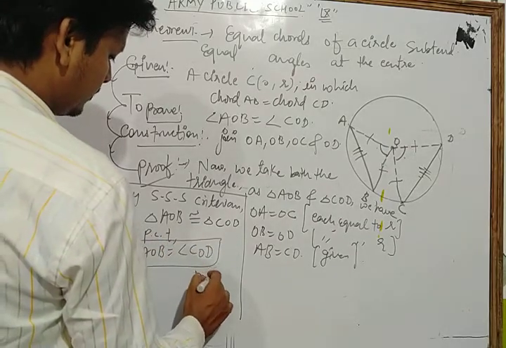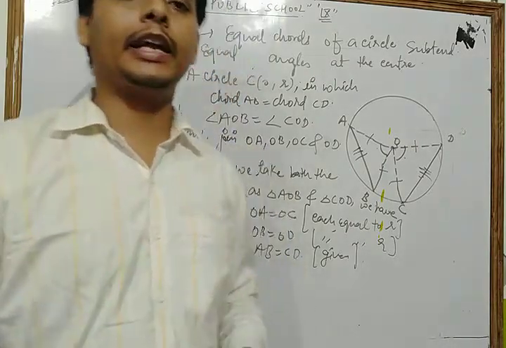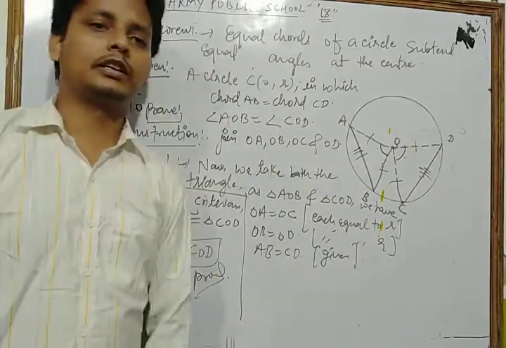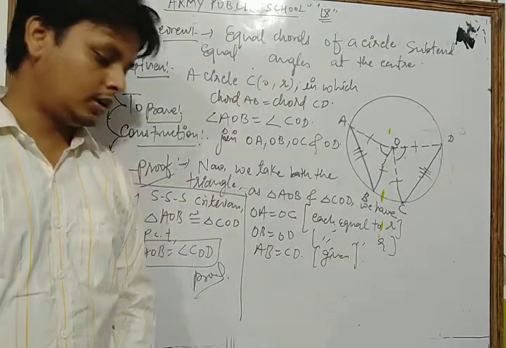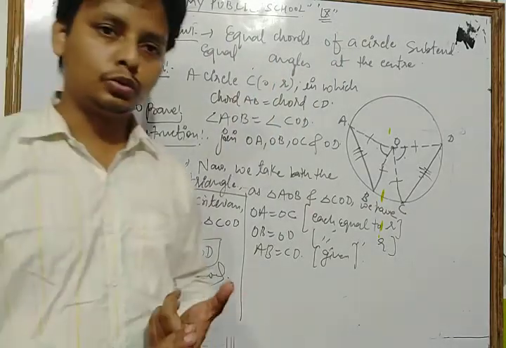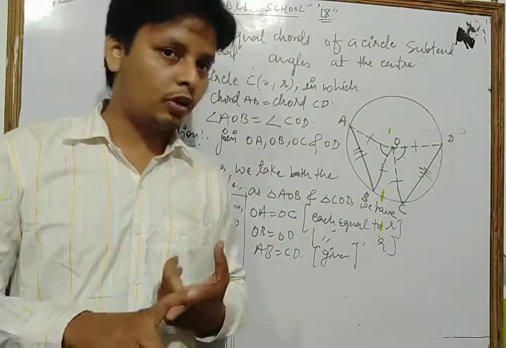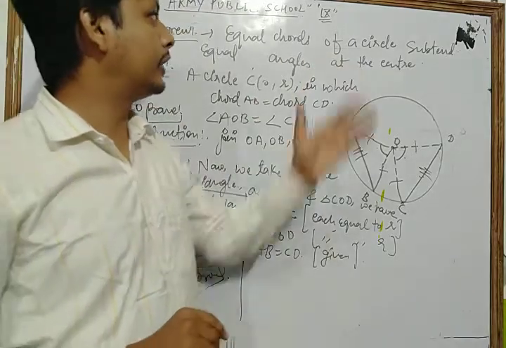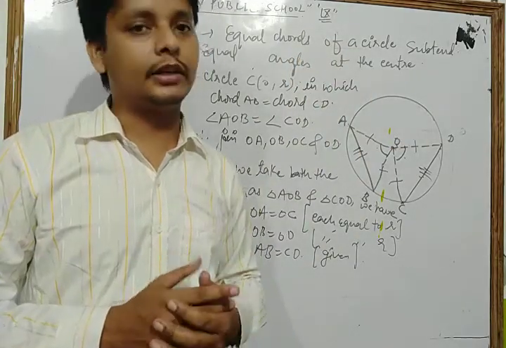Hence proved. So, dear student, we can say that equal chords of a circle subtend equal angles at the center. We have proved two different theorems. First, equal chords of a circle are equidistant from the center, and second, equal chords of a circle subtend equal angles at the center.